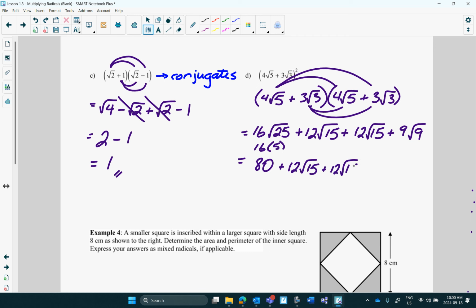But I'm not done simplifying. 9 root 9. So this is 3, so it's the same as 9 times 3. 27. Okay, so this is the same as, remember, when a non-radical is beside a radical, it means that they're being multiplied.